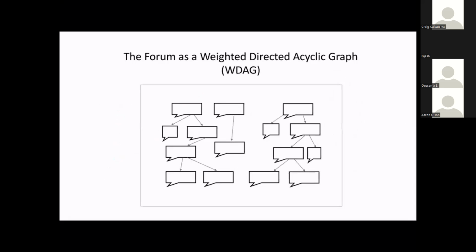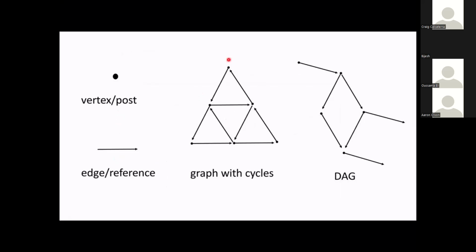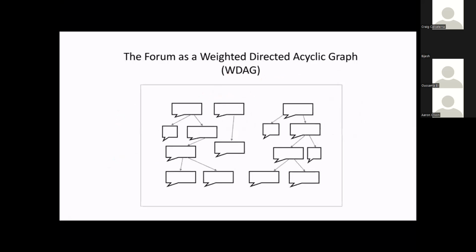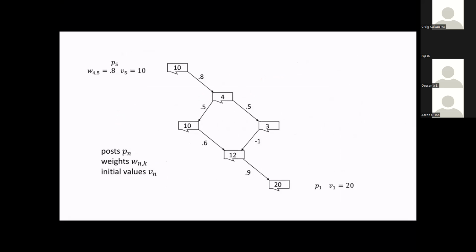A graph with cycles is one where a vertex is directed to another vertex, the second is directed to a third vertex, and the third vertex is directed back to the first one. That's a cycle. Well, in our forum, there's no possibility of cycles. When I do posts, each post will only be able to reference this one, and this post will not be able to reference back to it because it's ordered in time.